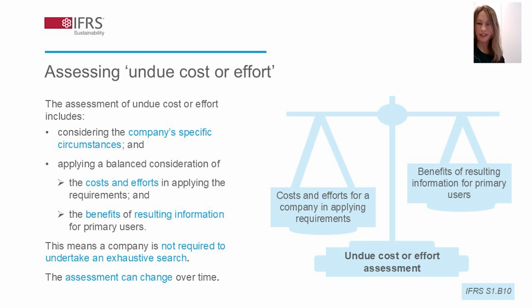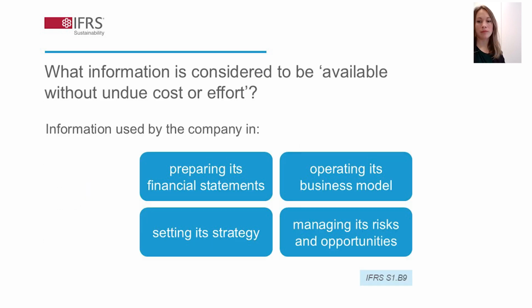The greater the usefulness of information about a sustainability-related risk or an opportunity is to primary users, the greater the effort expected by a company in obtaining it. And as a final note, it's important to highlight this assessment can change over time as circumstances change.